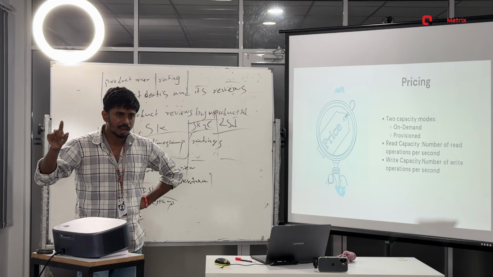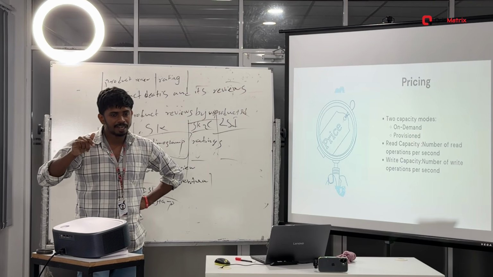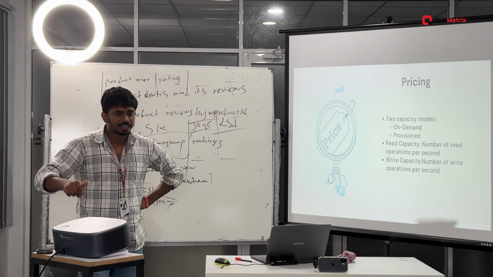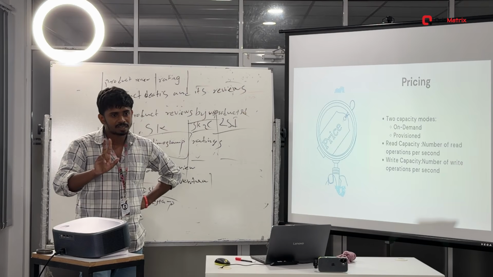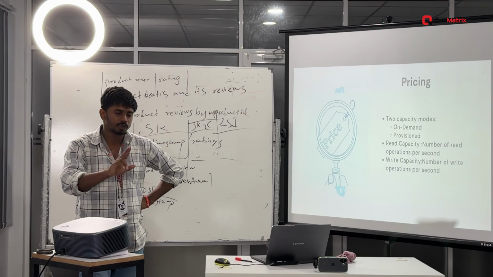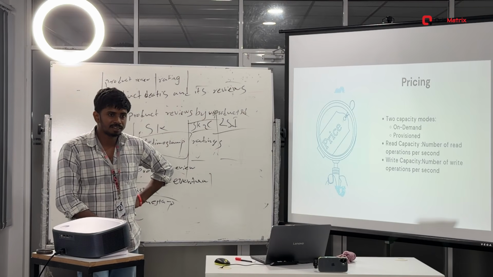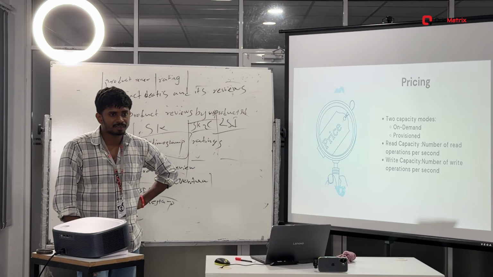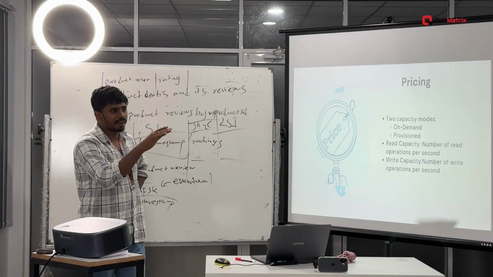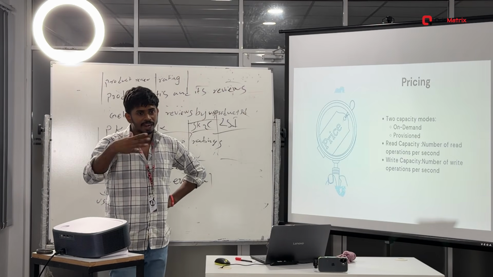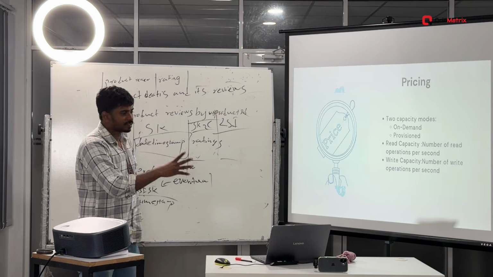And if it is up to 4 kilobytes and it uses eventual consistency, then you can have two requests, and it will be considered as one read capacity unit. But if you use strong consistency, one request is considered as a read capacity unit. This is for reading actually. This consistency specifies how we read, not how we write, right? Because reading is where consistency applies.